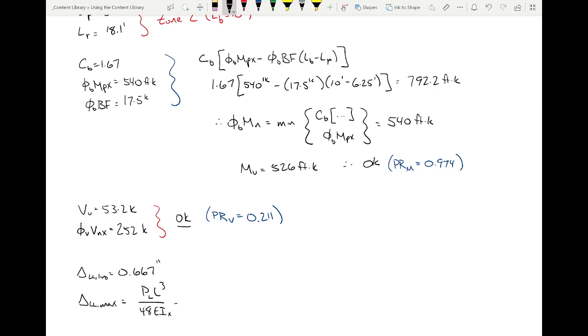Only now we're using the actual I of 1330, and when you chug that out, you get a value of 0.485 inches. So again, that's okay.